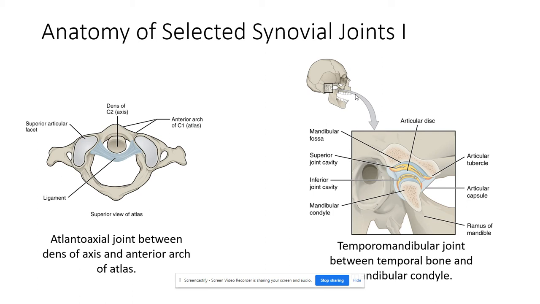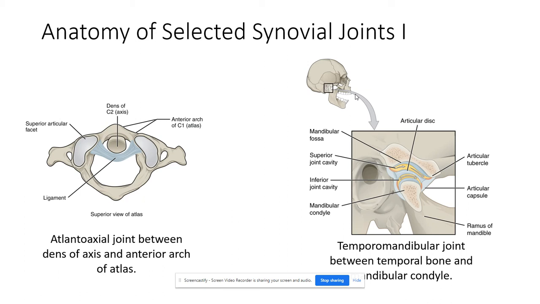So some of your synovial joints are classified based on location and the movements that they will allow you to perform. I went ahead and selected some specific joints that are provided in our presentation.